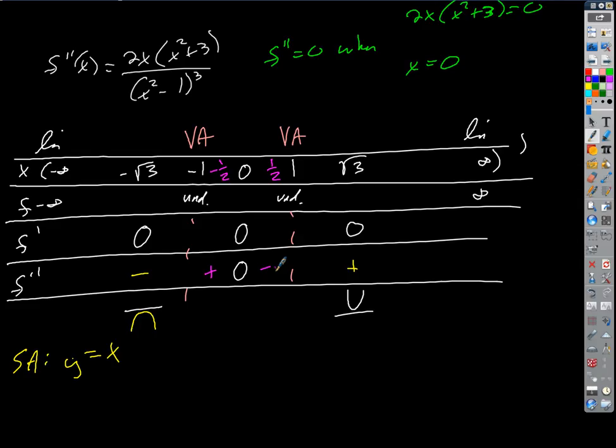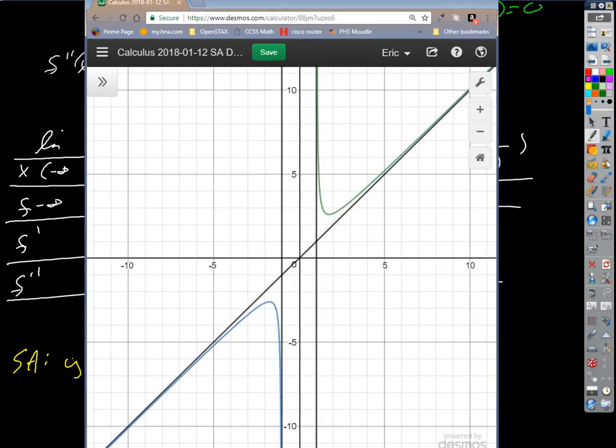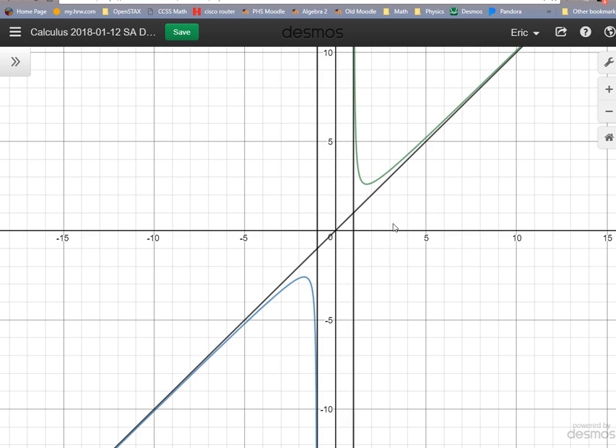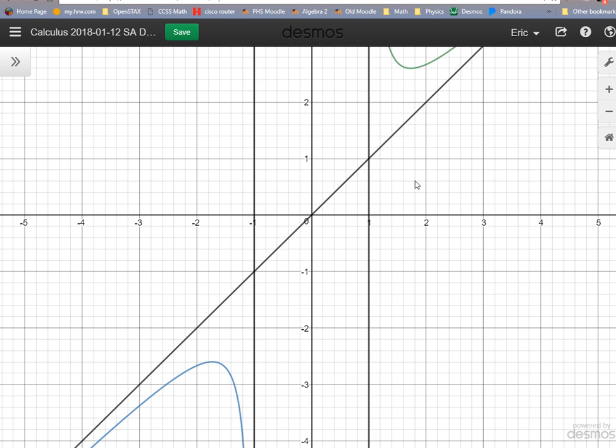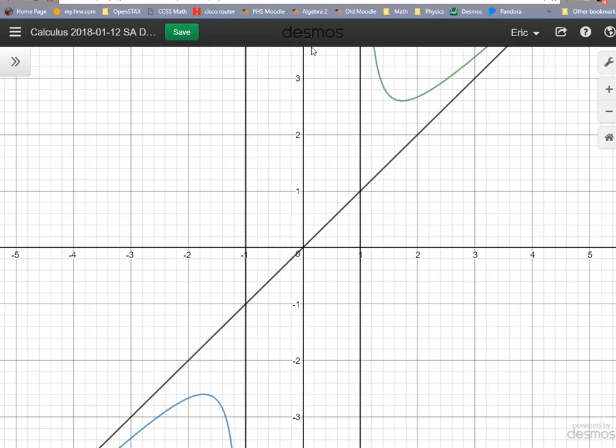So what's this thing have to do? If it's going to be concave, what was it again? It was positive on the left, negative on the right. So what's that have to do then? It's going to be positive, it's got to be doing that, right? And then that's going to be negative. So it's going to have to just do one of those little numbers.